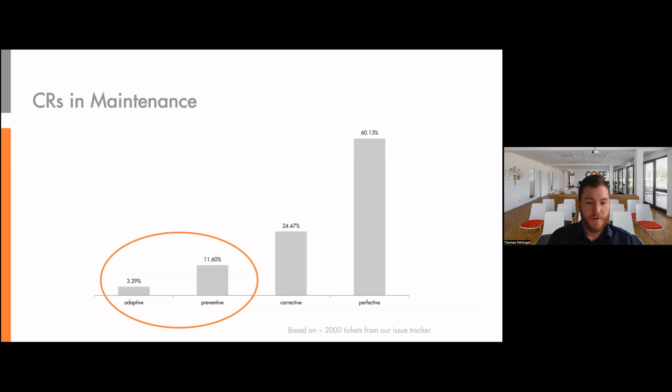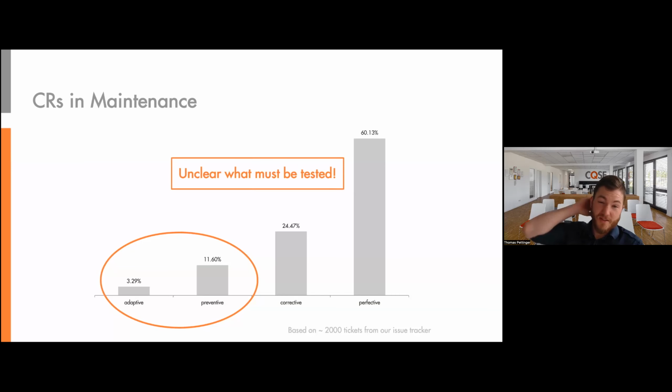And for these 2 categories, it's often not that clear what actually needs to be tested, because either the descriptions are quite technical and hard to understand, or it just states that the database driver needs to be changed, and this affects a whole lot.